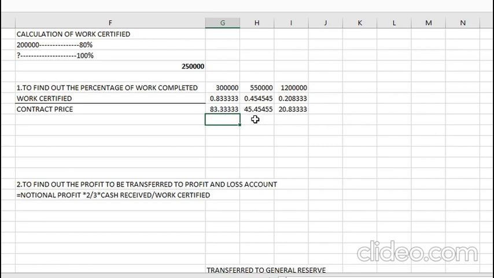When your percentage of work completed is less than 25%, then no profit will be transferred to your profit and loss account.